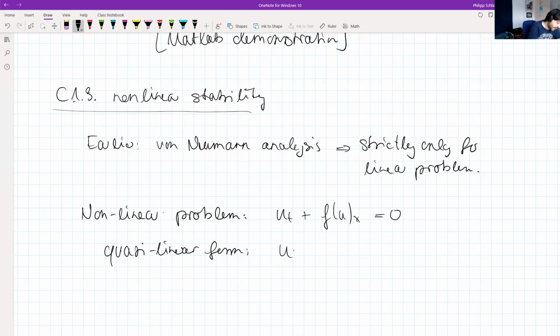So we have u_t plus f prime of u times u_x being 0. Now the issue is, because it's nonlinear, that f prime of u is not constant. So if we think of this as an advection equation, we see that we have advection with a varying, solution-dependent speed. This is equation 1, and this is equation 2.